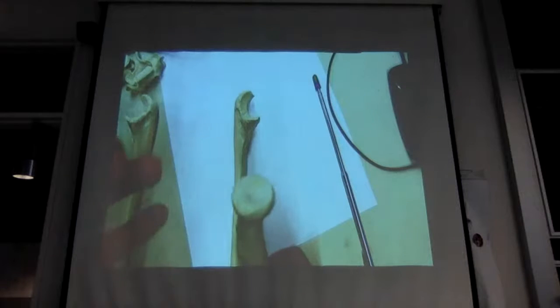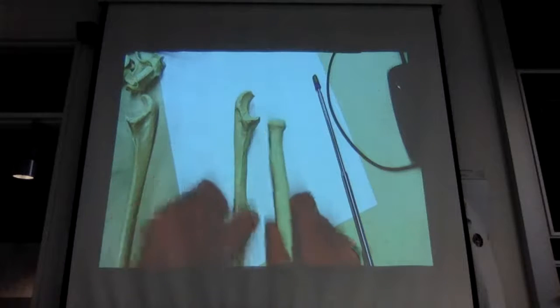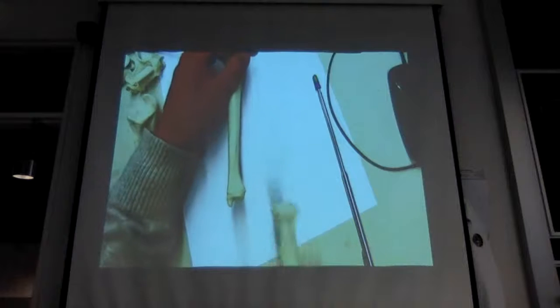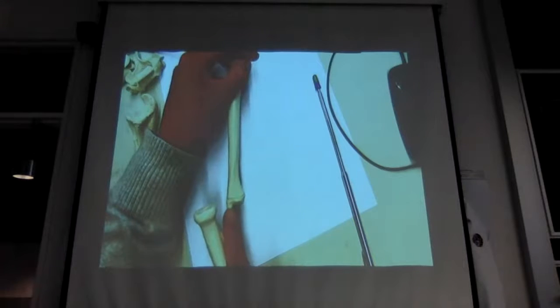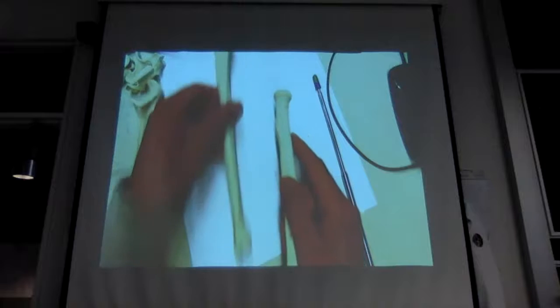And if you look at it head on, it looks like a nail head, like a flat nail head. It's very round. That's the head of the radius. The head of the ulna is small and it's got this pointy thing, which we'll explain in a second. And they're opposite of each other, so they're like anti-parallel. So head of the radius is proximal, head of the ulna is distal.